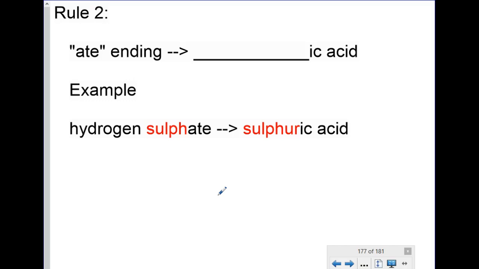We take off the ATE ending. Whatever comes before ATE goes into the name. Sometimes we have to add a couple of letters to make the word make sense. So something like sulfic acid doesn't sound right, versus something like sulfuric acid is a lot easier to work with.